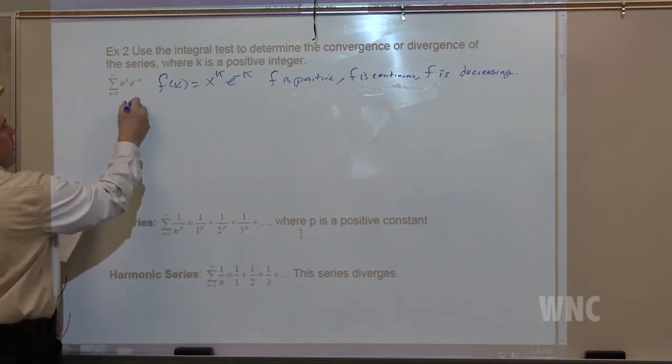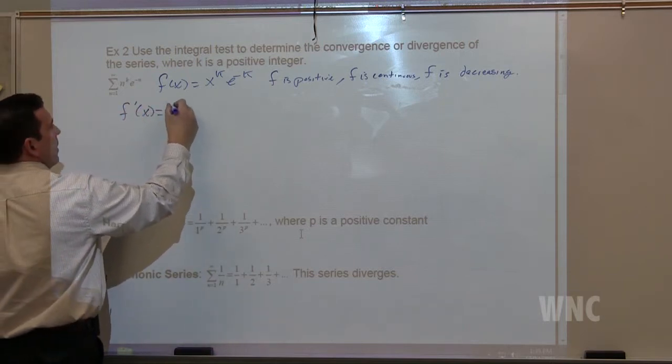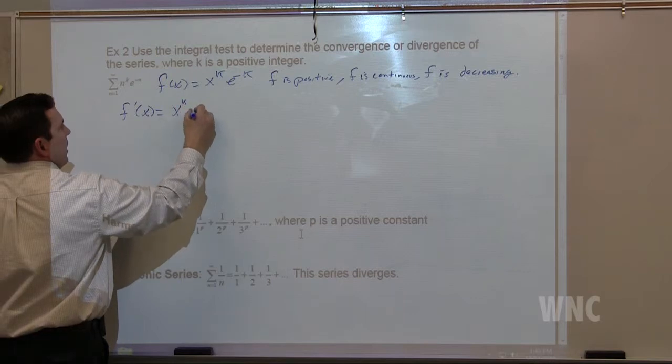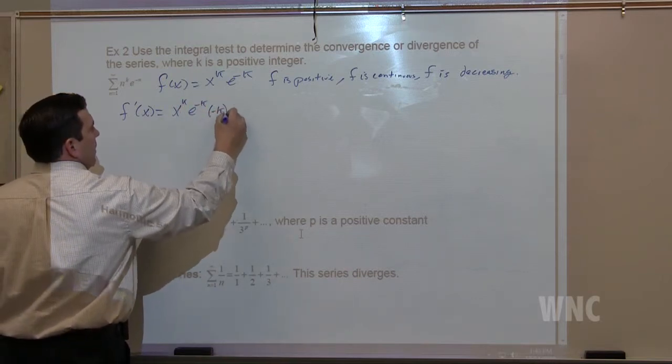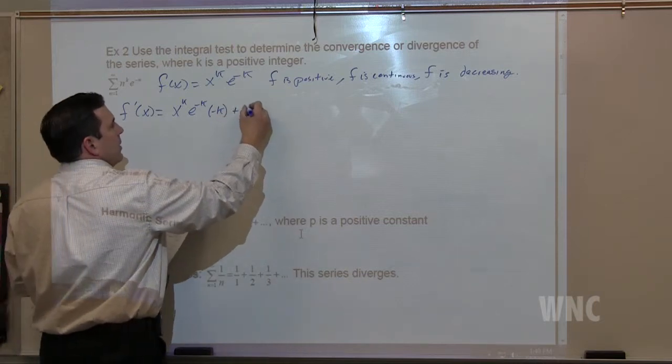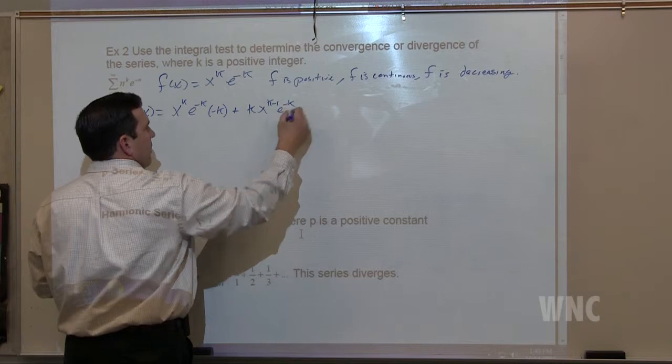How do we know that? Well, if you do f prime of x, you're going to have x to the k e to the negative k x times negative k, plus k x to the k minus 1 e to the negative k x.